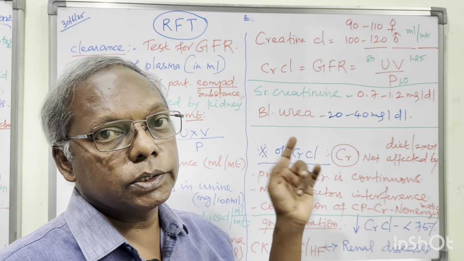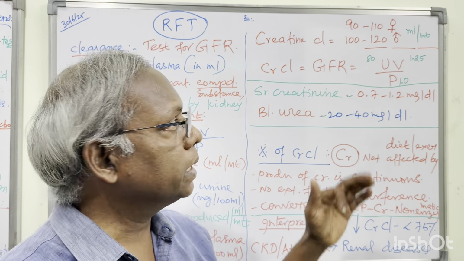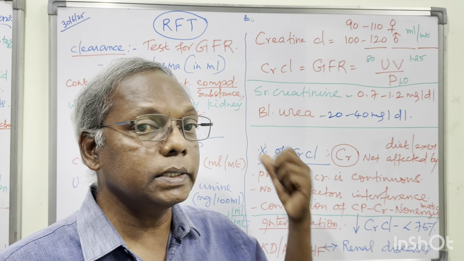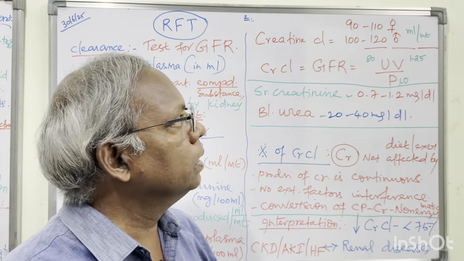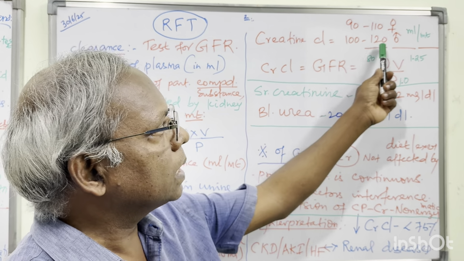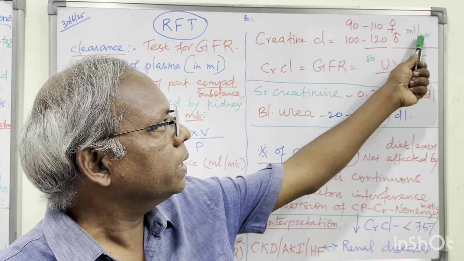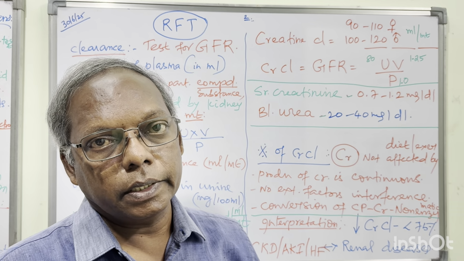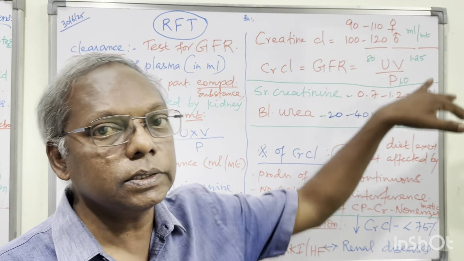Along with these three, urea, uric acid, serum creatinine, you have to mention the creatinine clearance value for this renal function test. For males, it is 100 to 120 ml per minute, whereas for females, 90 to 110 ml per minute. This is creatinine clearance value.